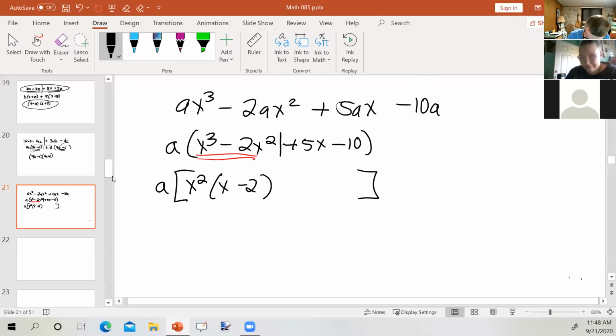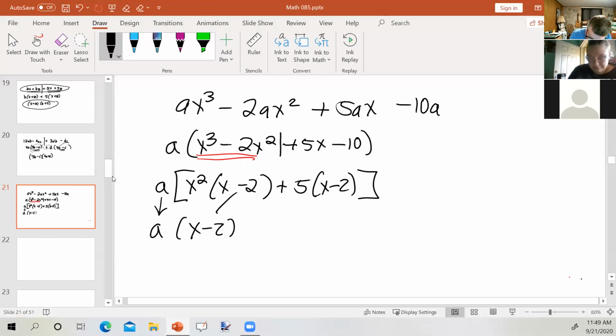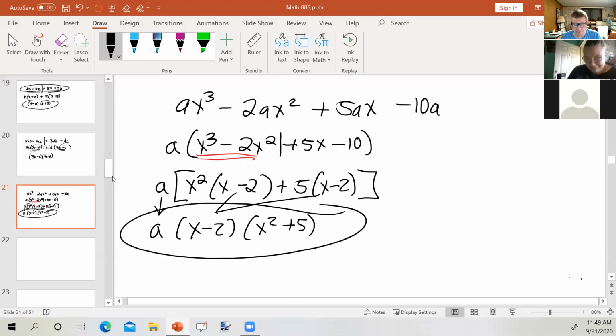And then over here, I'm going to take out a 5 and have x minus 2 left over. And I'm going to need a plus sign there to make it work. So now I've got this a from the outside, and then x minus 2 coming out, and then x squared plus 5. So that's my final answer.